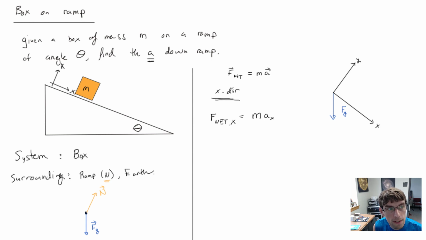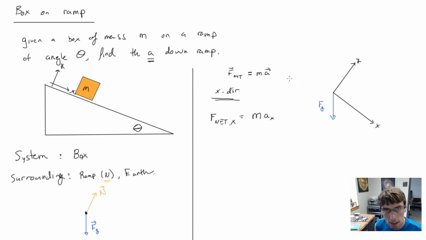And hopefully you can see that my gravitational force here actually has a component in the x direction and a component in the y direction. You can see that it has a component in this direction, and it has a component in this direction.